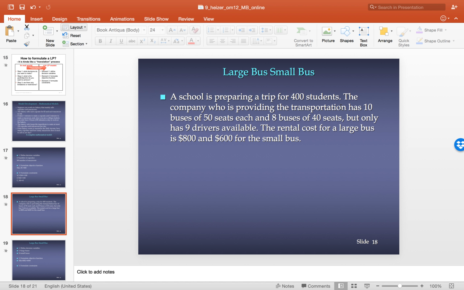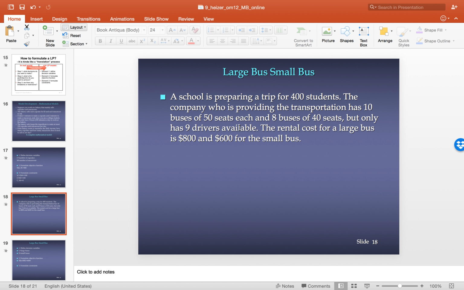And then you read this company only has 10 large buses and only 8 small buses, and there are different number of seats on those buses. Okay, and the company only has 9 drivers. So basically this is the entire problem. You get some ideas about what are the limitations.